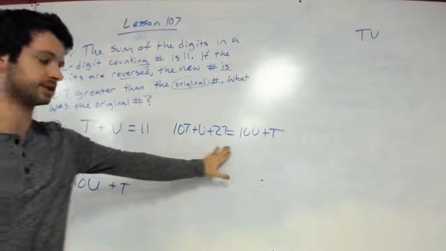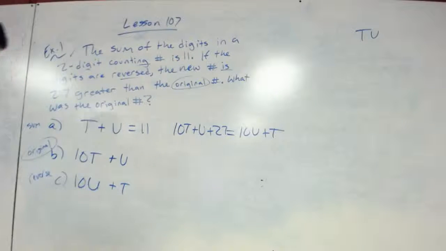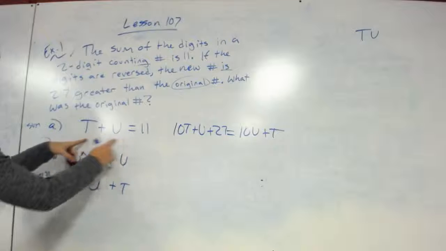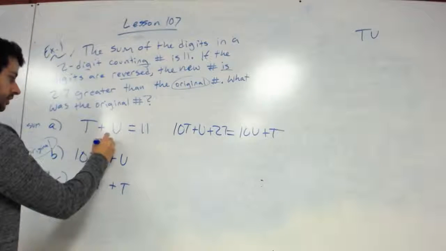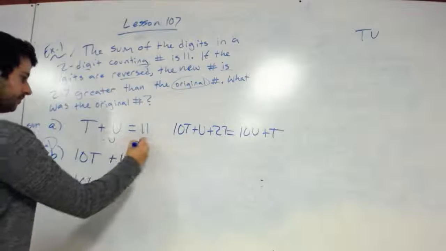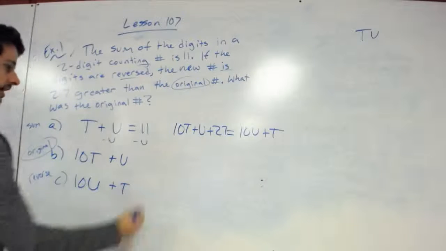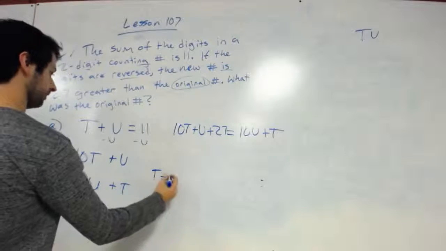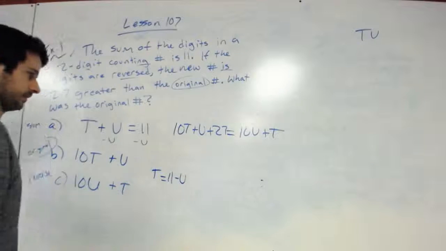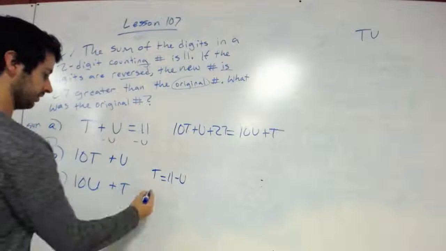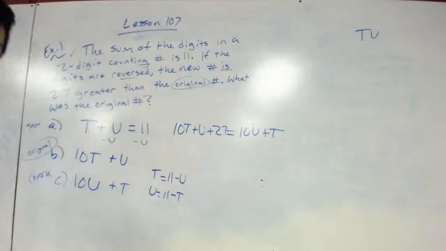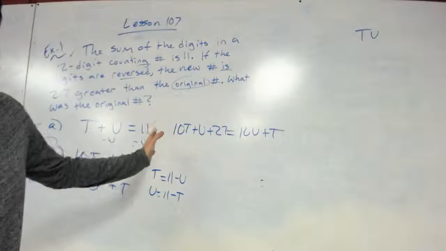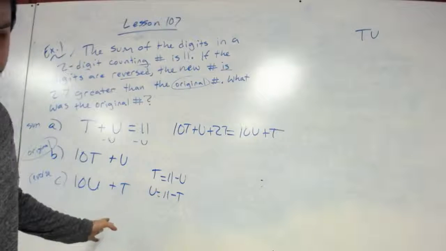Now we get to this point, and what we can use is substitution with our original sum. I can subtract u from both sides and have t equals 11 minus u, or I could do u equals 11 minus t. Either one. I'm going to do this one the way the book does it, so they plug in for u.